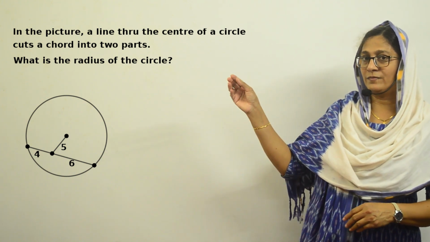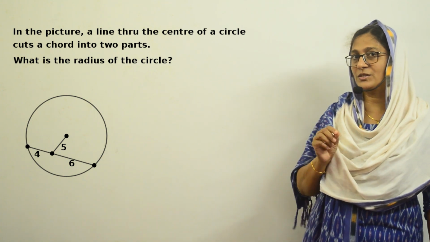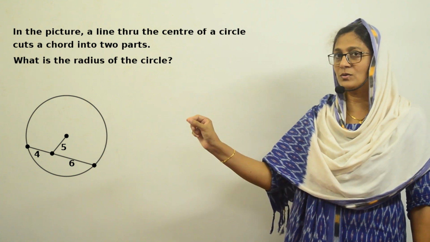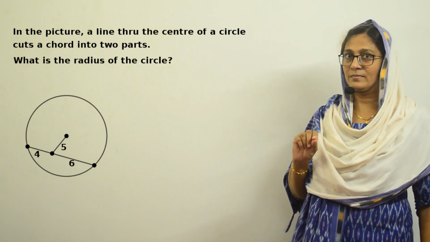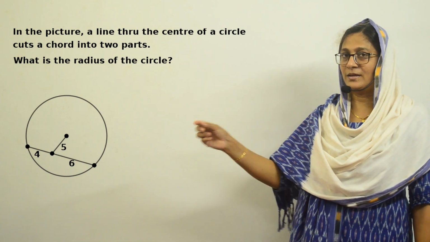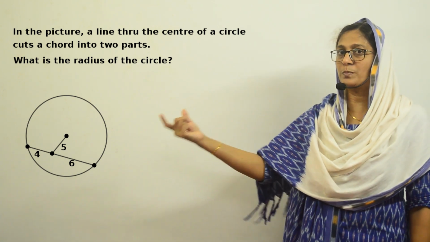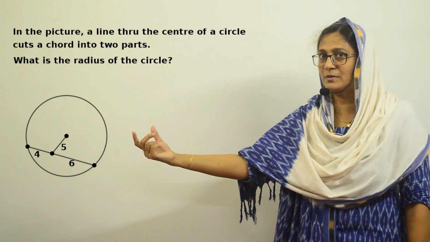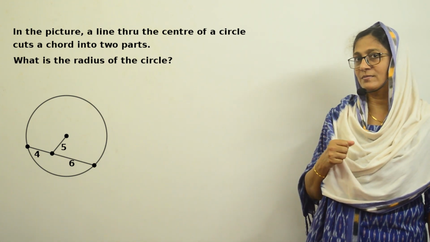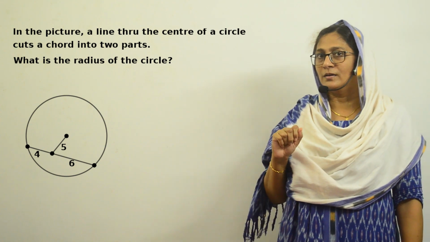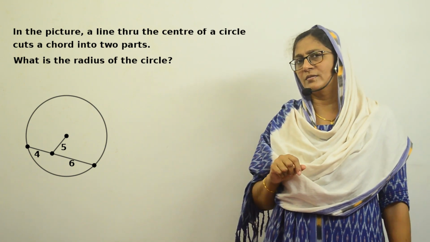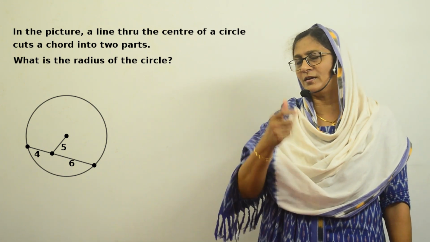We only have a small part from the center, a small line going to the chord, right? And the chord is split into 2 parts, 4 centimeters and 6 centimeters. Now, if we had another chord, we could find a relation between them.